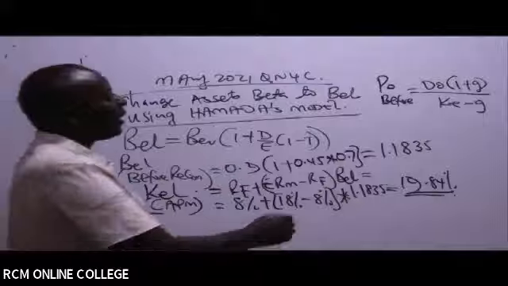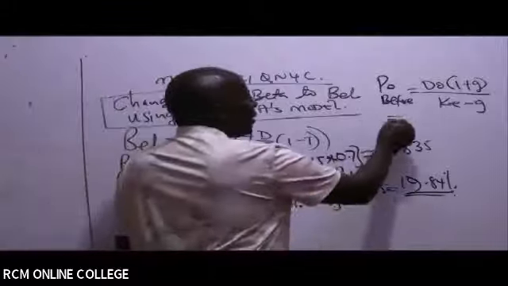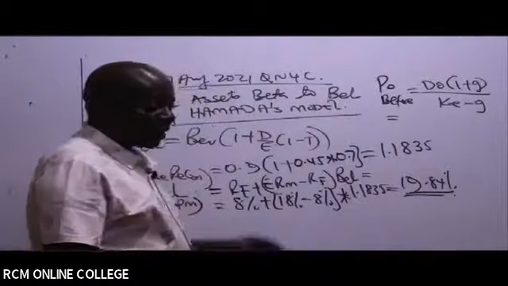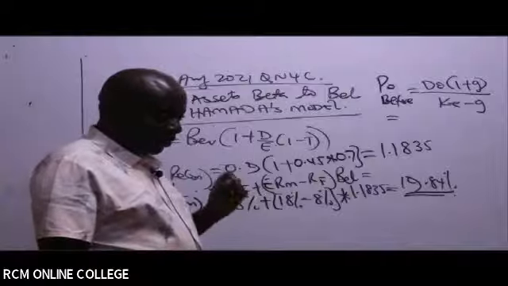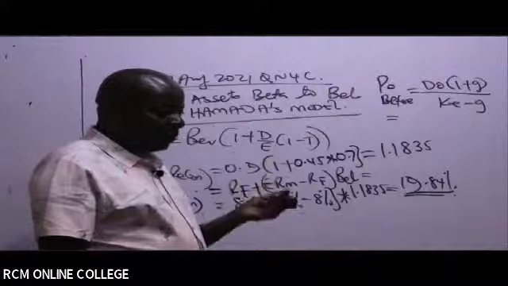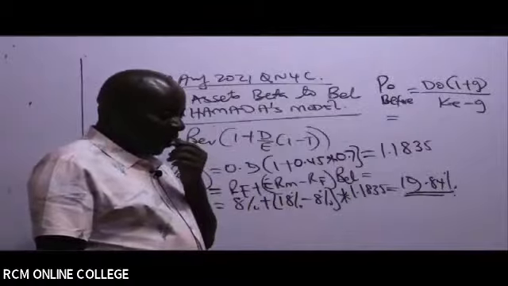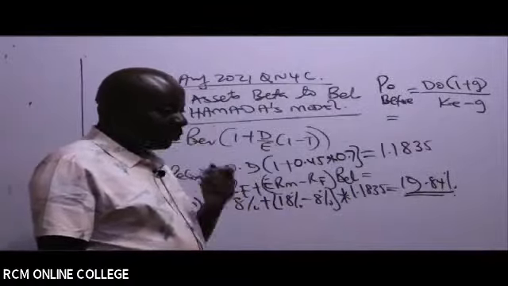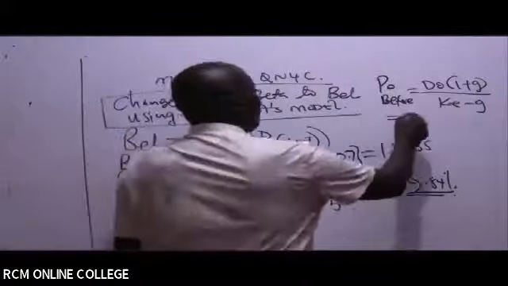Is there someone who is able to see our DO? DO is the current dividend. It will come from EPS and payout ratio. DO equals EPS times payout ratio. EPS is 6.